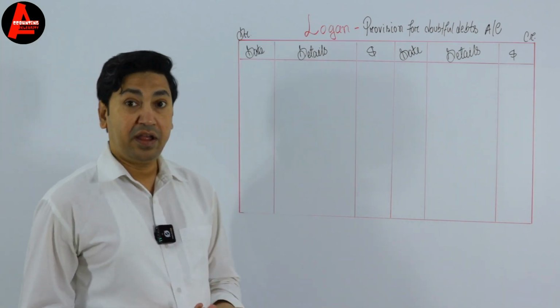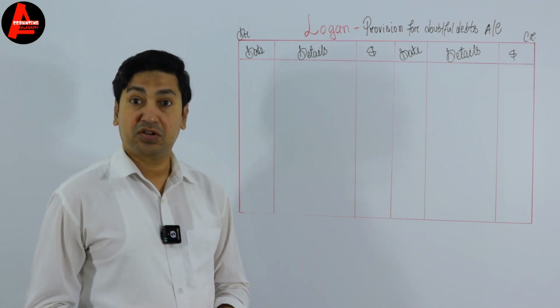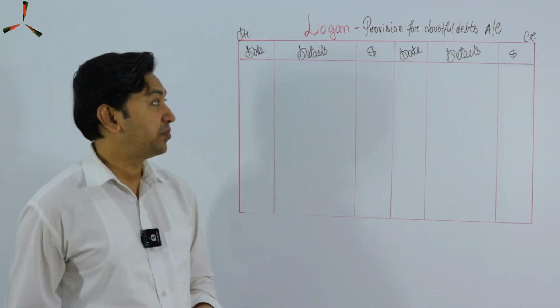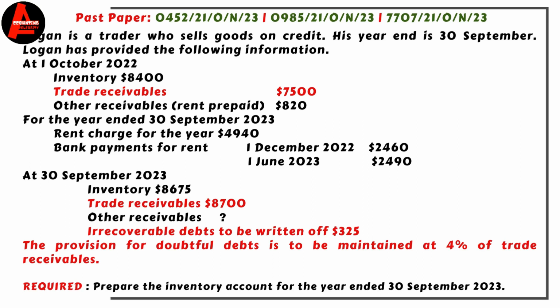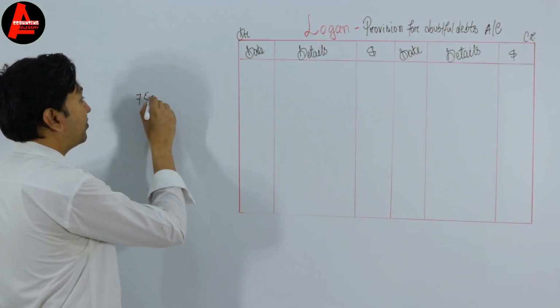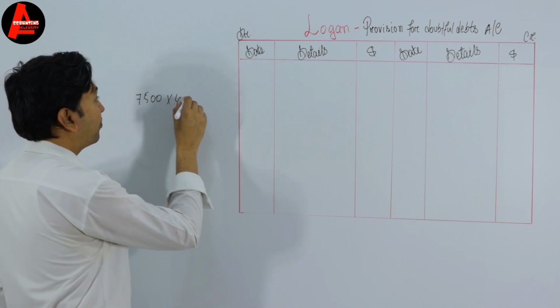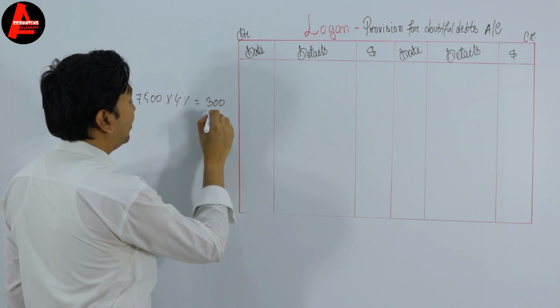At the beginning of the financial period, 1st October 2022, the trade receivables balance is $7,500. $7,500 multiplied by 4%, what you get here is $300.